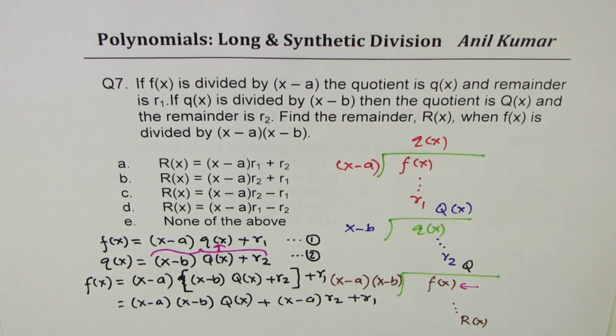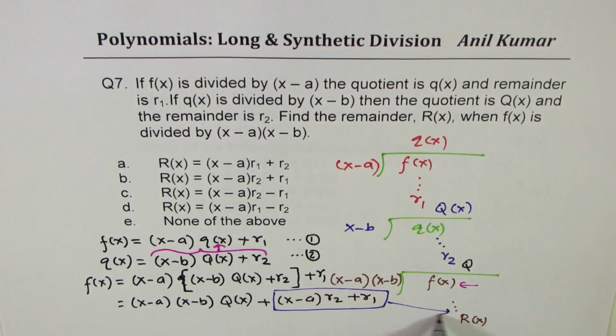So what do you notice here? You clearly notice that your final remainder is this. Correct? So that is the divisor, x minus a times x minus b. That's the function f of x. And if you compare the division statement, what we get here is the remainder, right?